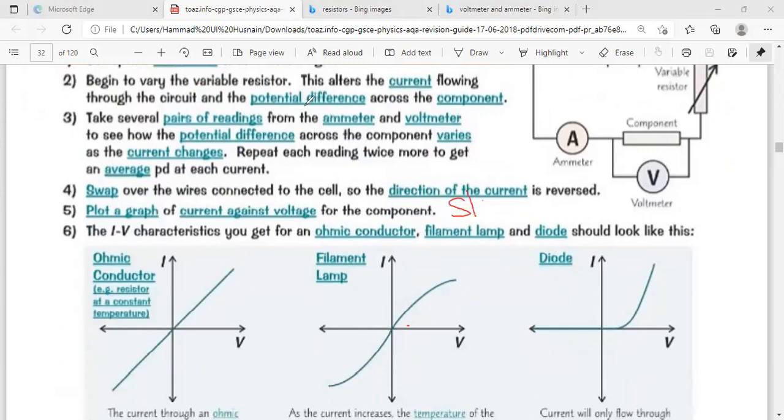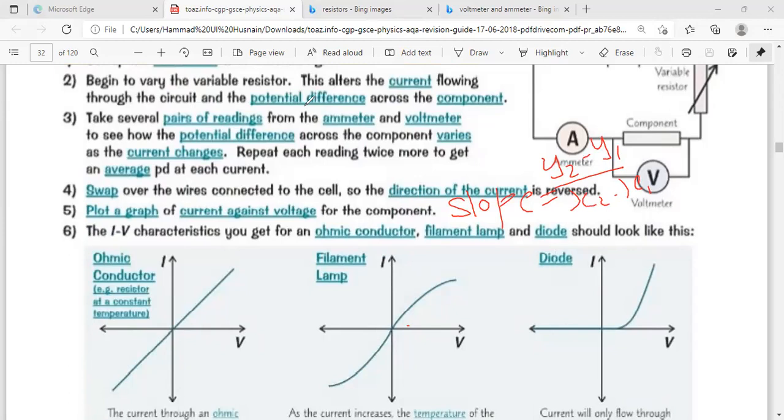In mathematics, what does slope mean? Do you know the formula of slope in graphs? Yes, y2 minus y1 over x2 minus x1. This was slope, right?